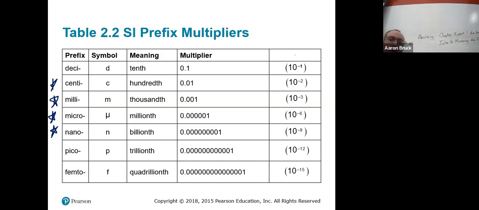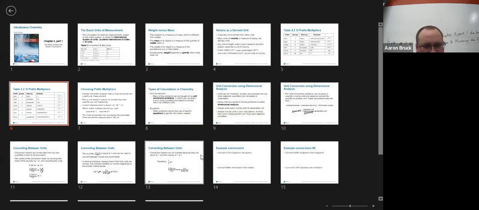Now I can figure out what it is if I want to, but it might be just as easy to just do the conversion to liters and then take it from liters to milliliters instead. And so that's what I'm ultimately going to do.